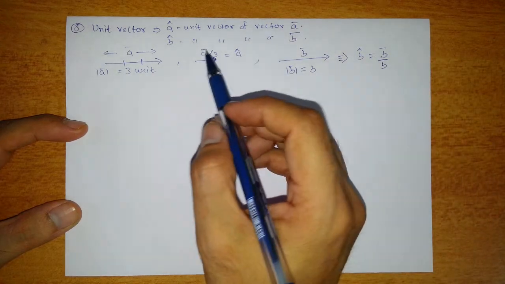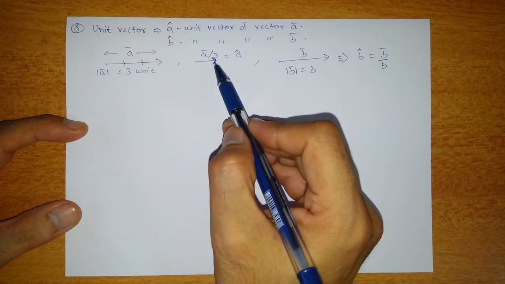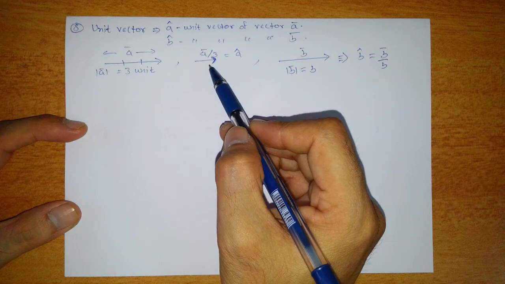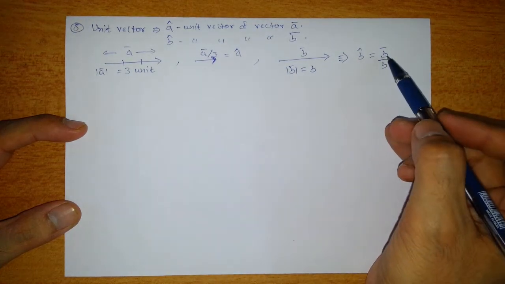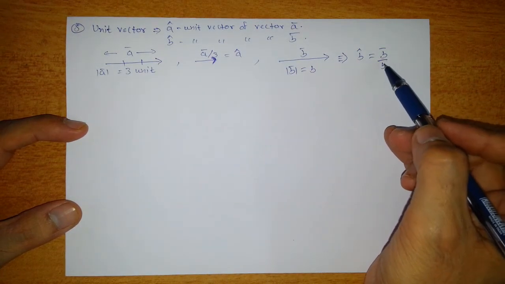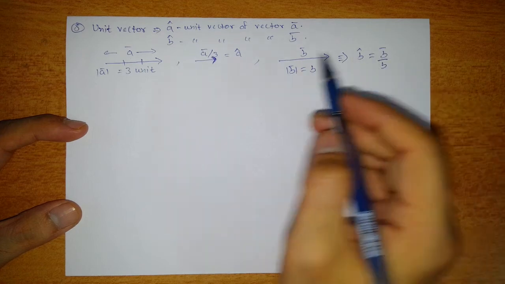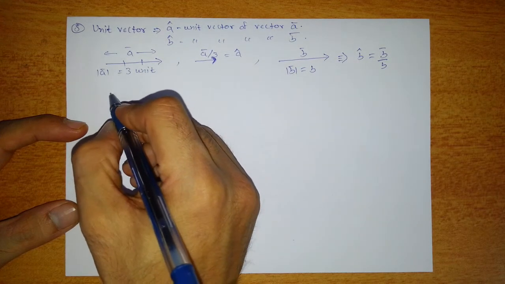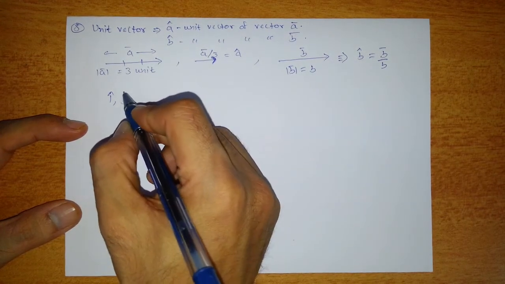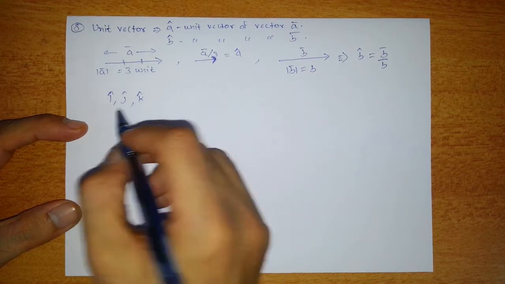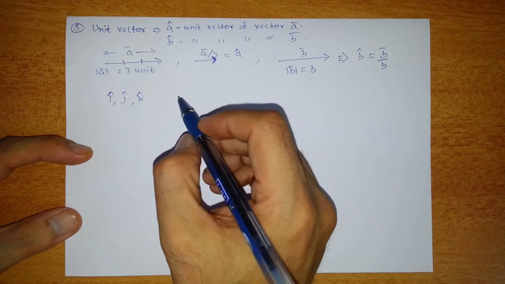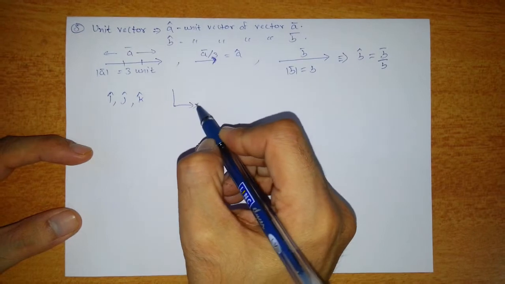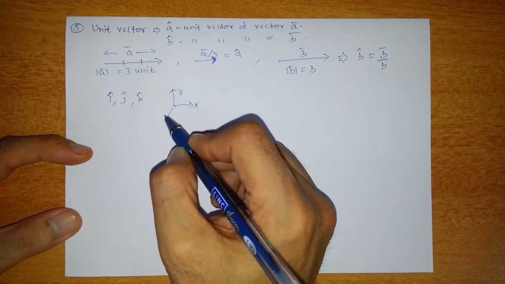So a cap is nothing but a vector along vector a having magnitude 1. b cap is nothing but a vector parallel to b having magnitude 1. We have defined three fundamental unit vectors i, j, k along three different mutually perpendicular directions x, y and z.